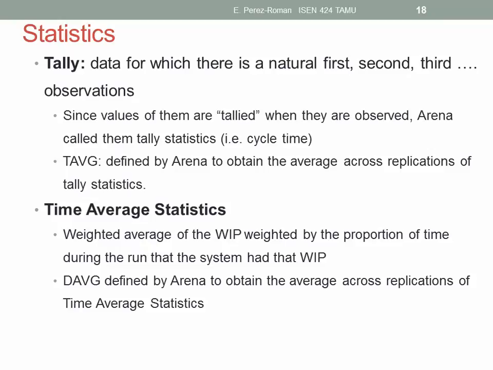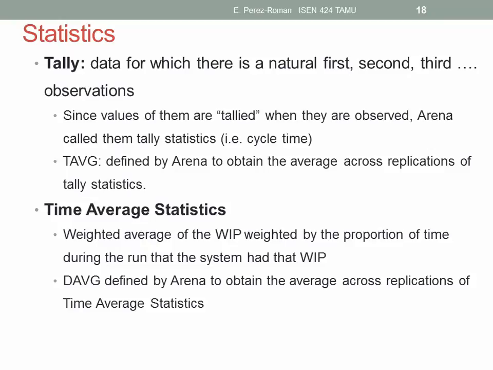Okay, so for now, let's think about cycle time as being a tally statistic, and we're going to get that using a tally log. But the time persistent statistics are going to be collected using a variable, and I'm going to show you how to do that. But this one is a different type of statistic because this one will be changing continuously throughout the replication of the simulation.